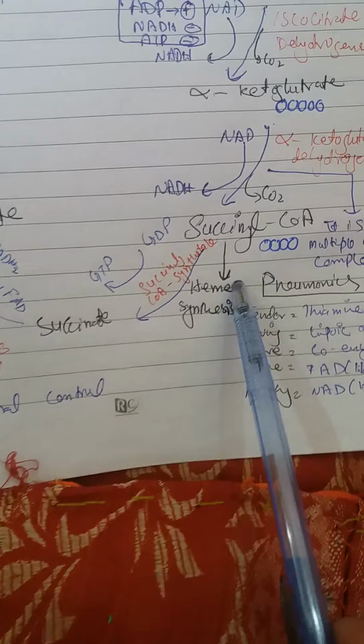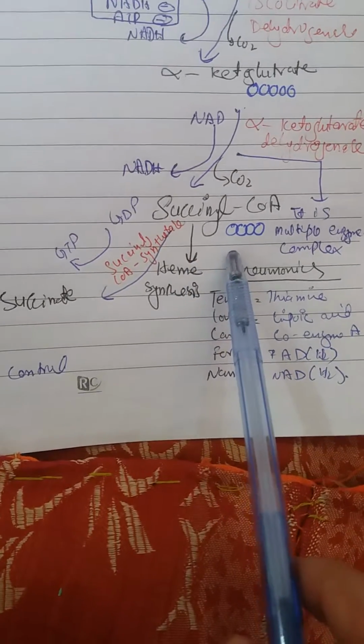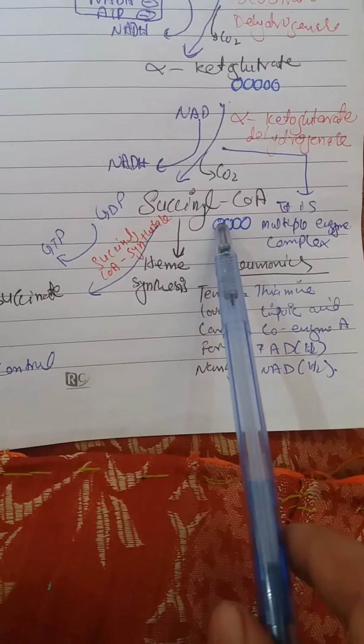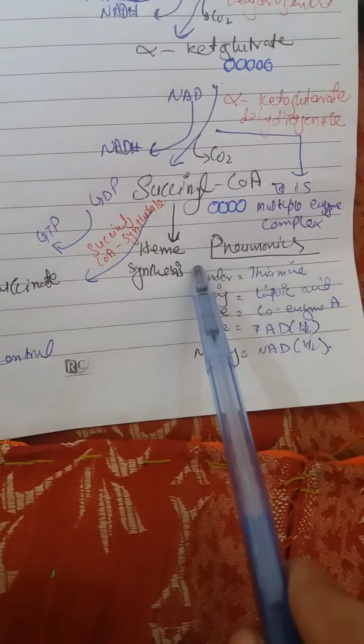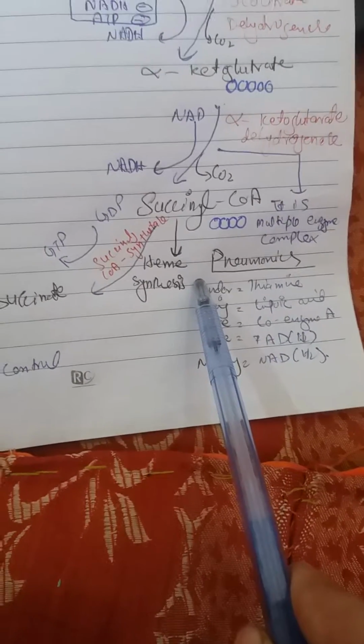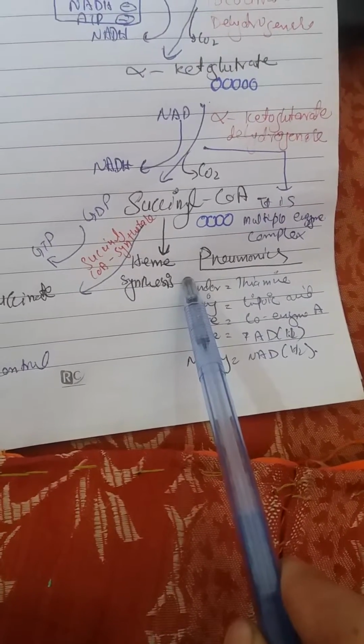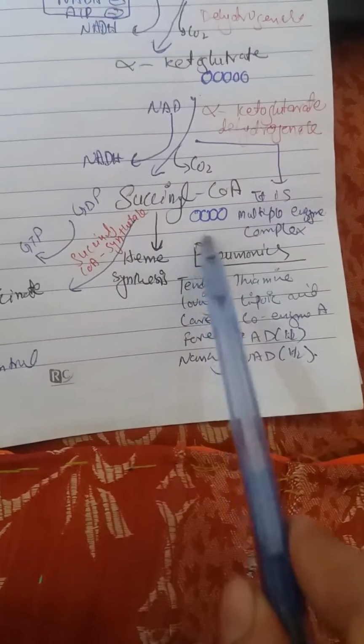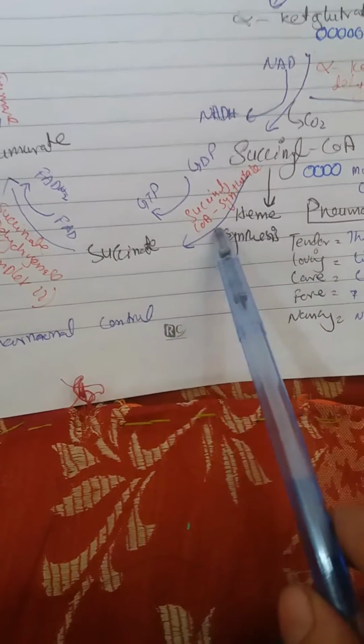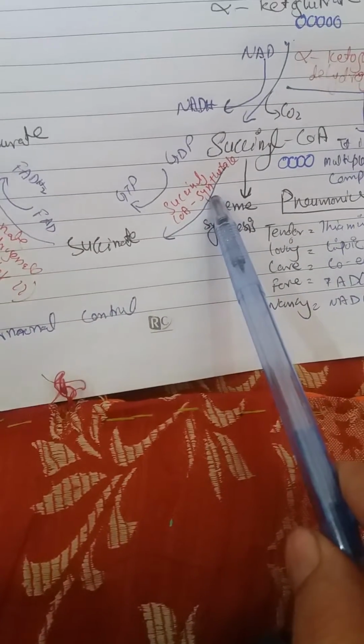Another important point is that succinyl-CoA is an intermediate for heme synthesis and activates ketone bodies in extrahepatic tissue. Now this succinyl-CoA is converted into succinate by the succinyl-CoA synthase enzyme.